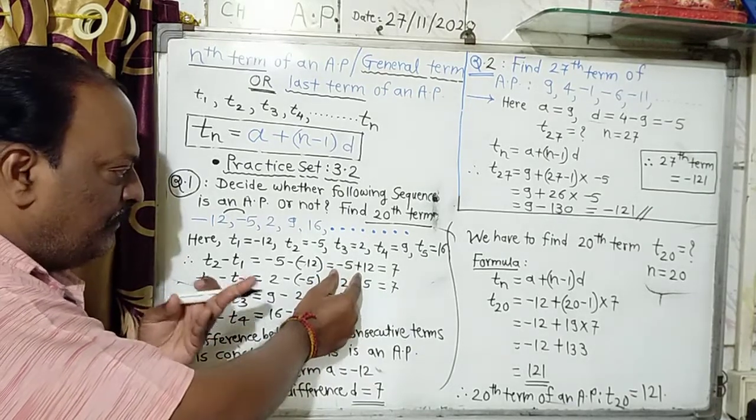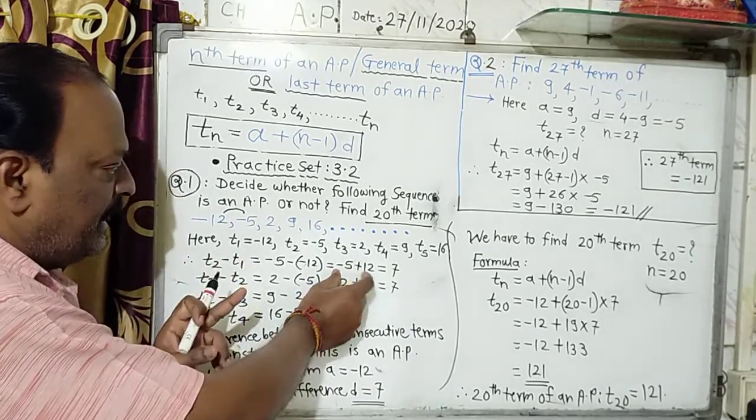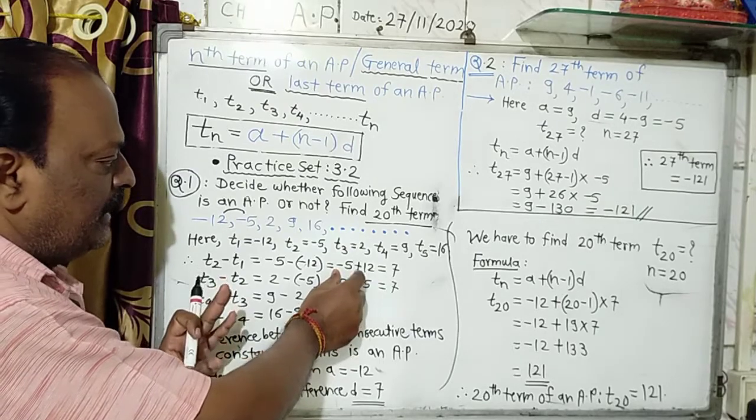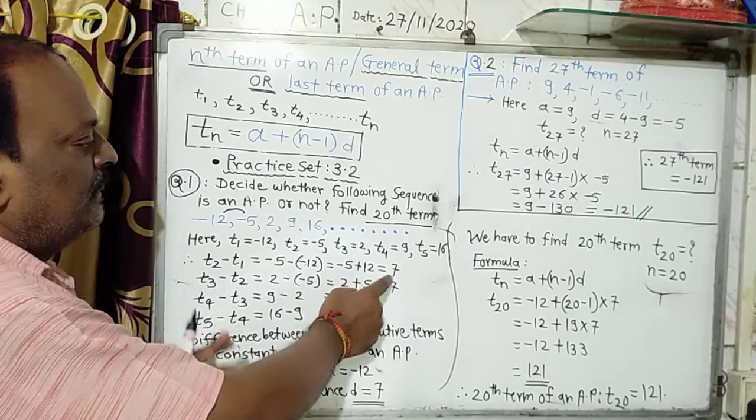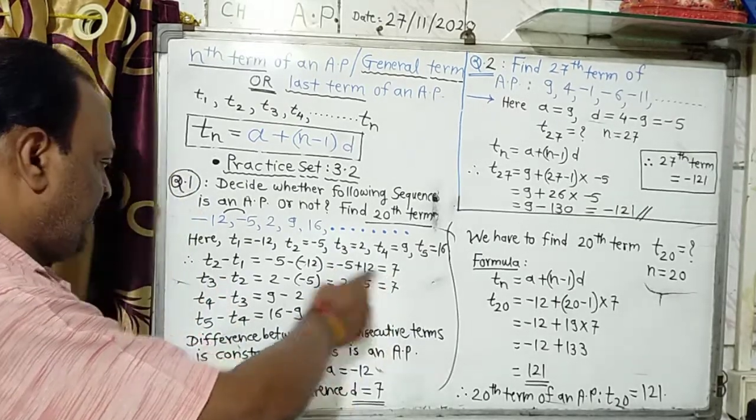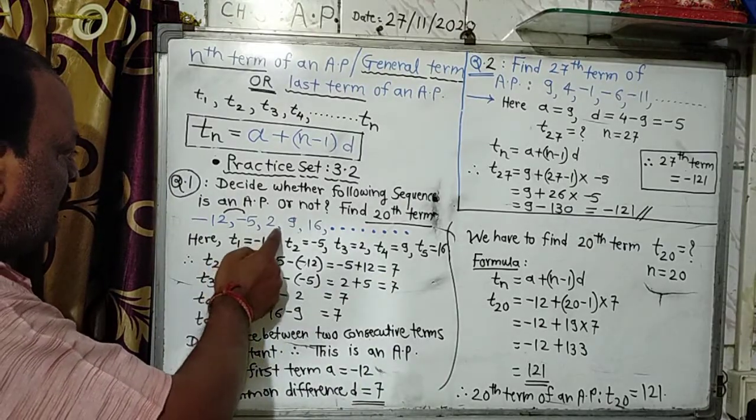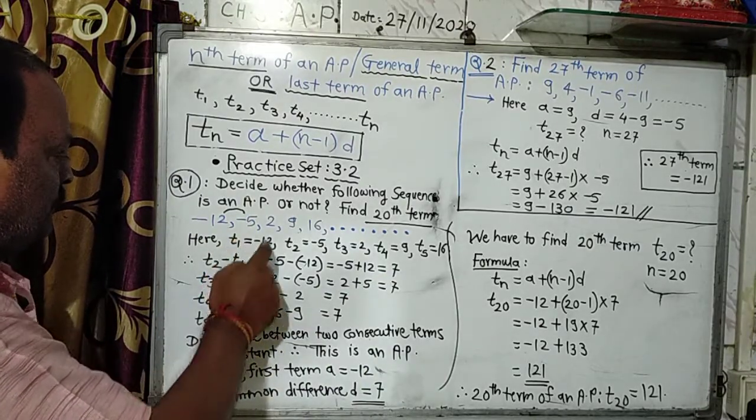Different signs, so we take the difference. The difference between 5 and 12 is 7, and the greater number 12 has the plus sign. Therefore it is 7. Next, T3 minus T2.